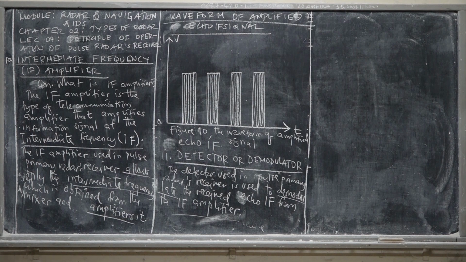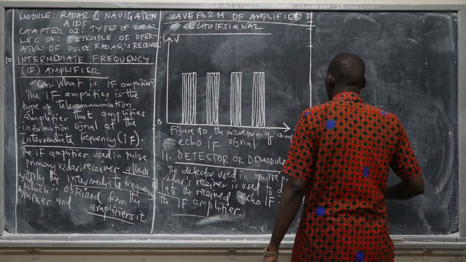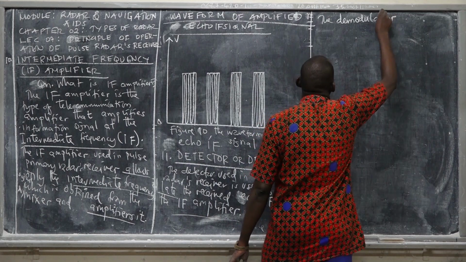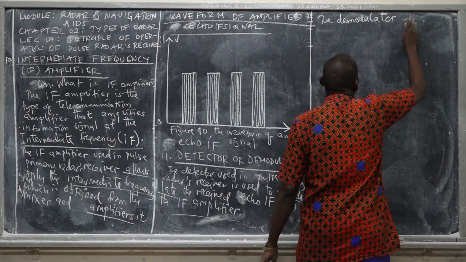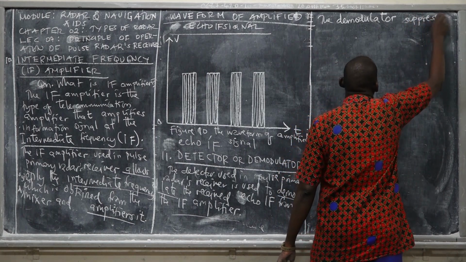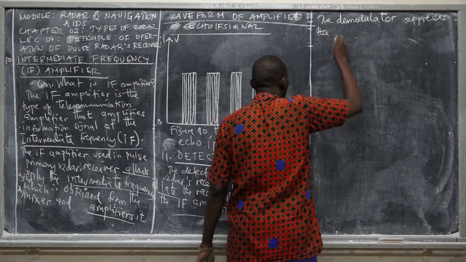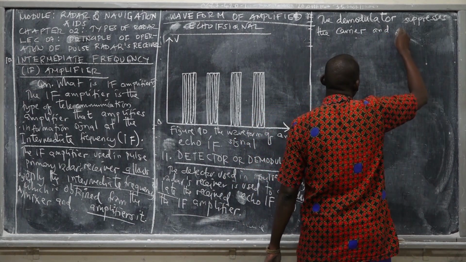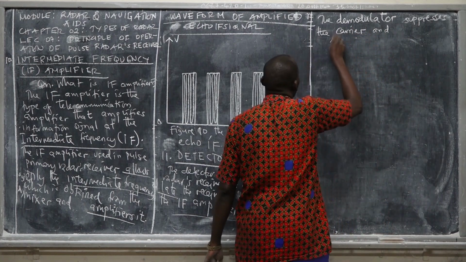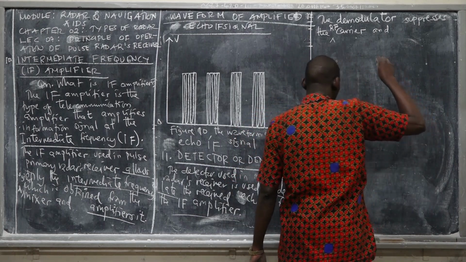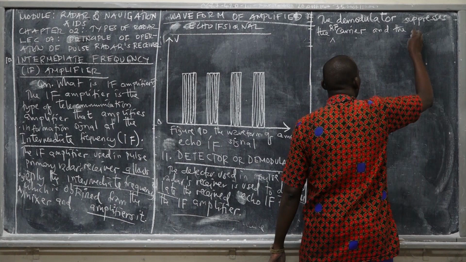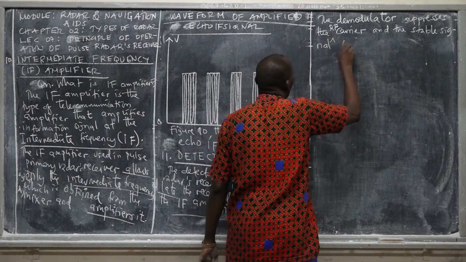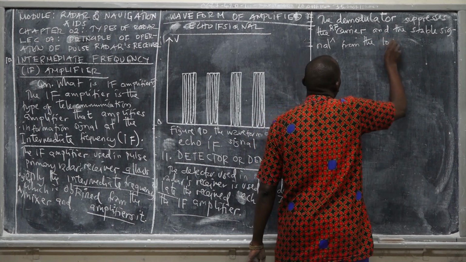Let me write. The demodulator suppresses the RF carrier and the stable signal from the local oscillator, and gives out the short burst of pulses. Say suppress.